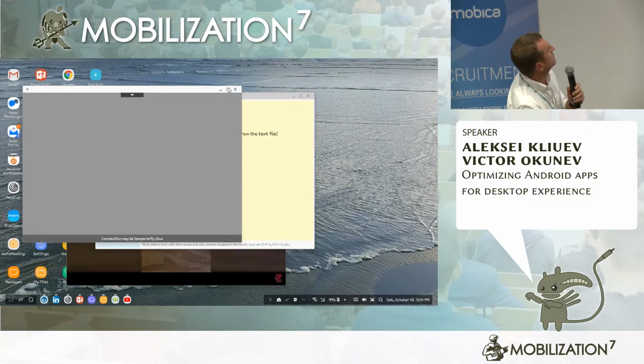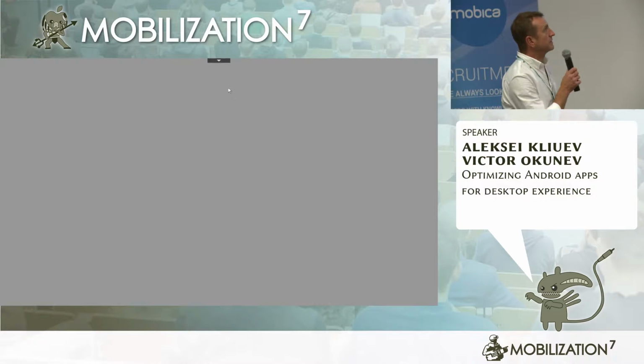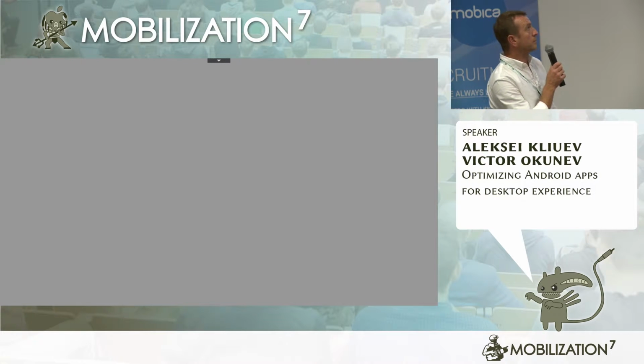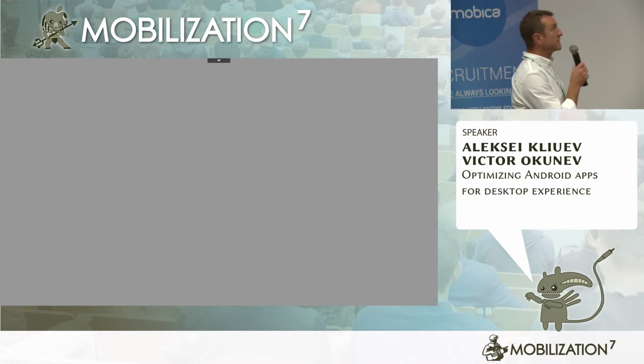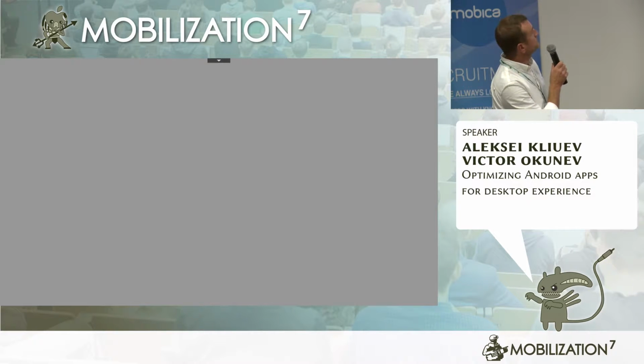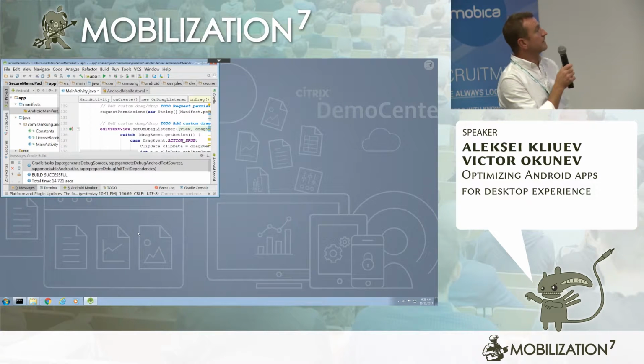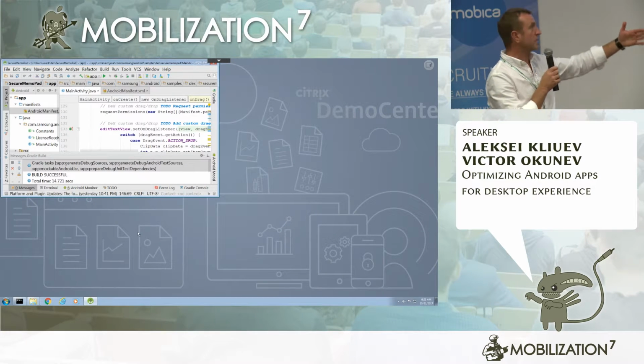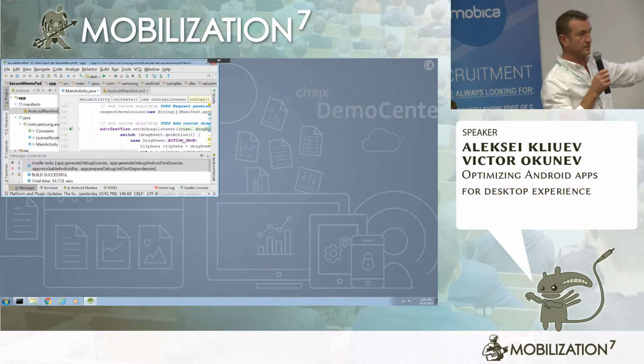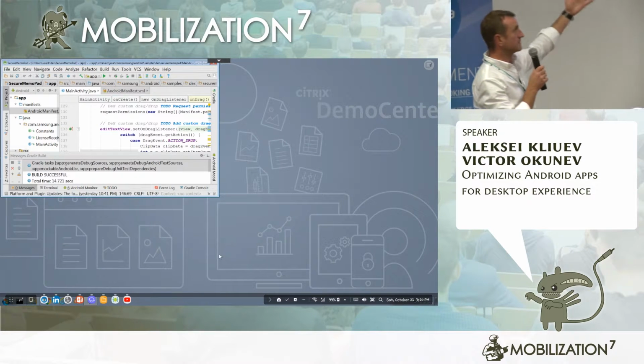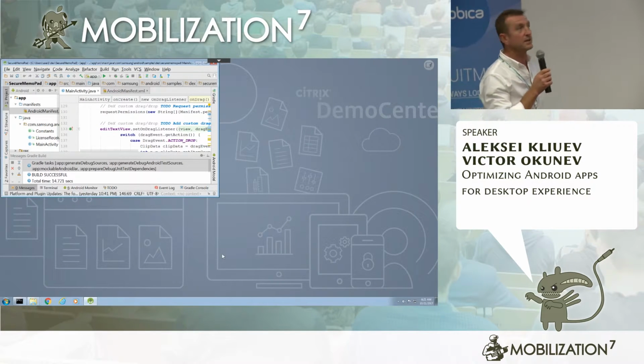So basically what I'm doing here, I'm connecting to a virtual desktop somewhere in the cloud that runs Windows. Can you even tell that this is actually an Android phone that projects this screen?